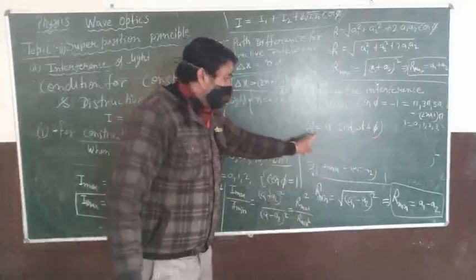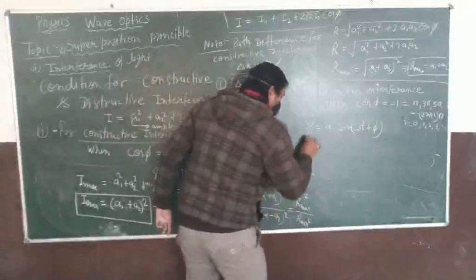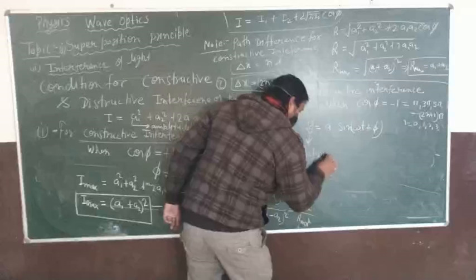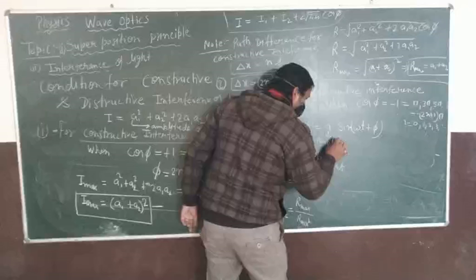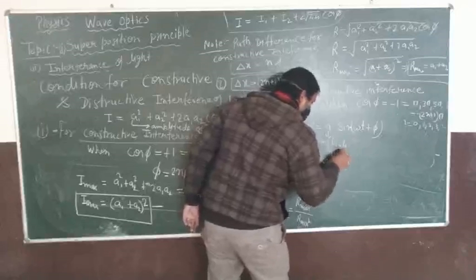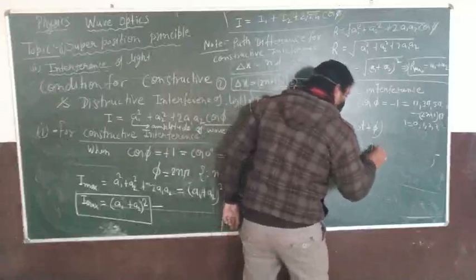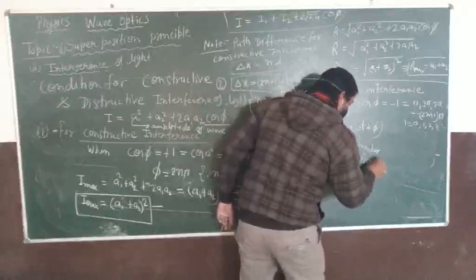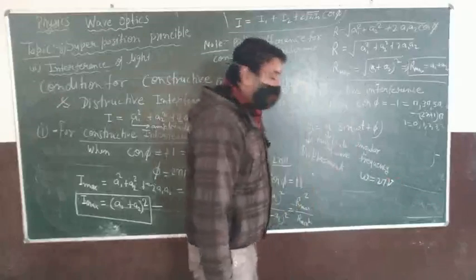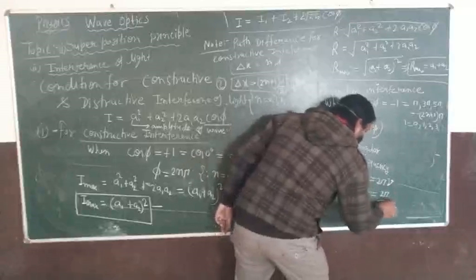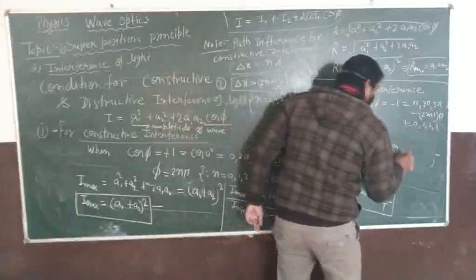Here y is displacement, A is amplitude of wave, omega is angular frequency, which is omega equal to 2 pi nu, and it can also be written as 2 pi upon T. And phi is the initial phase.